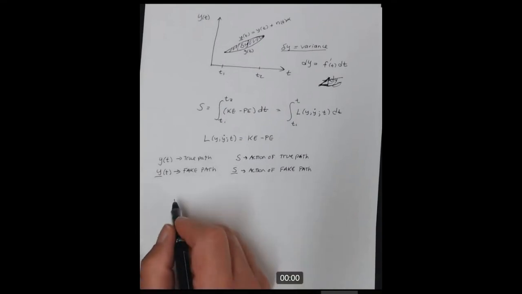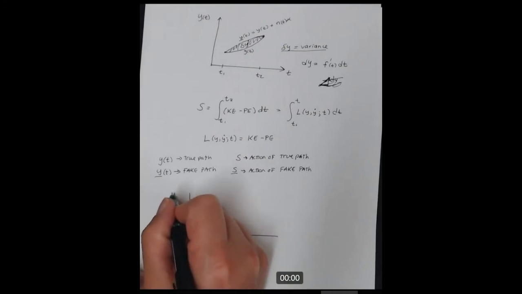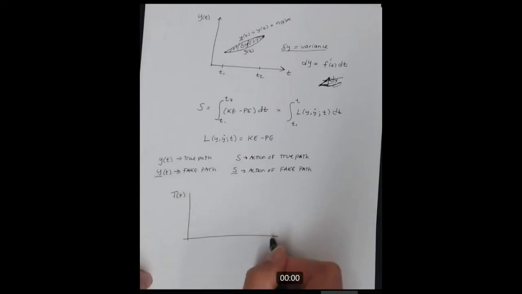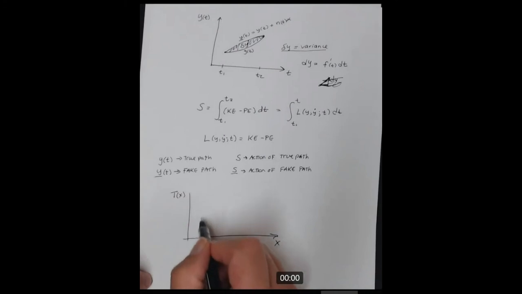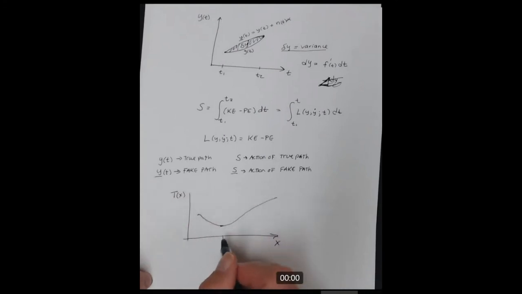Now, just in general, when you're trying to find minimas, let's say, for example, we have a temperature as a function of position, if you will. And maybe the temperature goes like this. So around the minimum here, the temperature, you can usually fit that with a quadratic, so the change in temperature is proportional to delta x squared around the minimum.